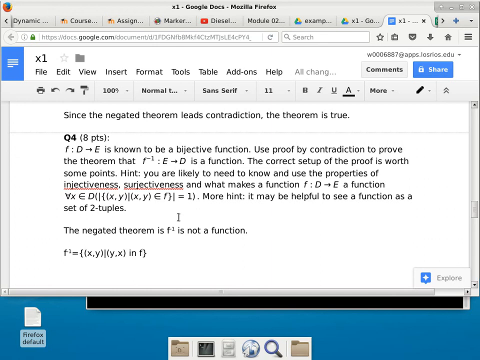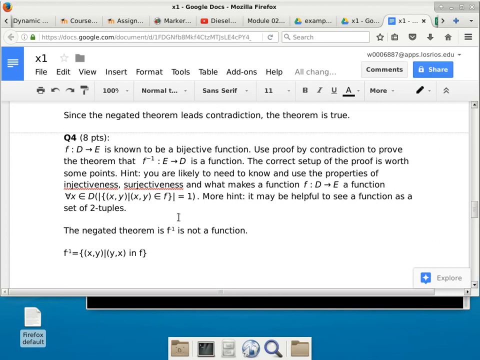Because I can give you a function like this. If I say f of x is 0, and I can even give you a very simple domain, let's say the domain is just 1, 2, 3. That's fine. And I can give you a codomain of 0, 1, 2, or even just 0 by itself is fine. This makes the function surjective. But I'm not answering the question right now.